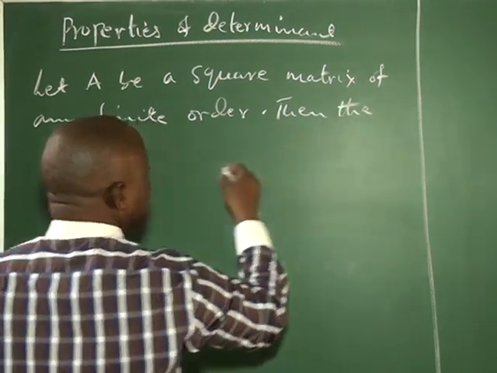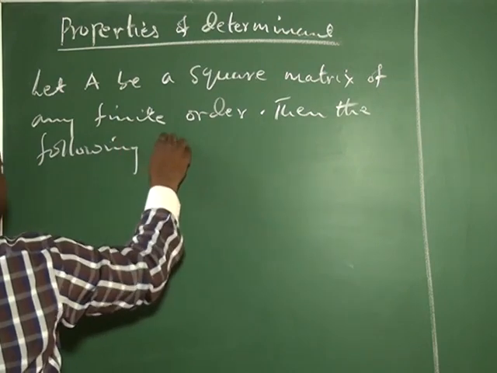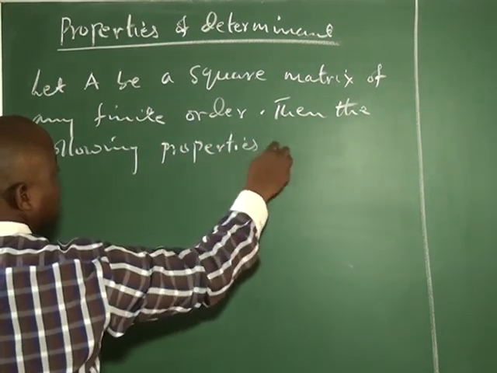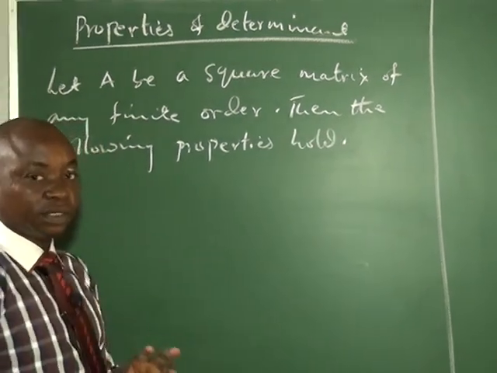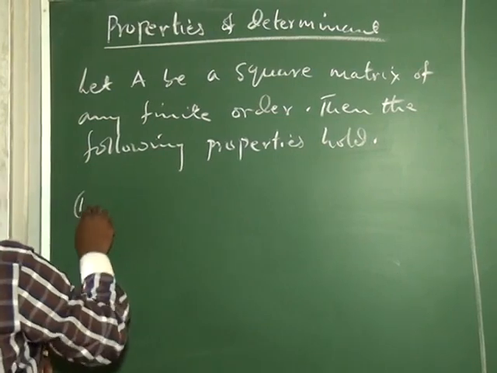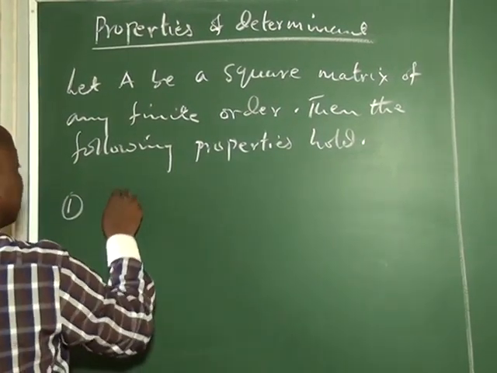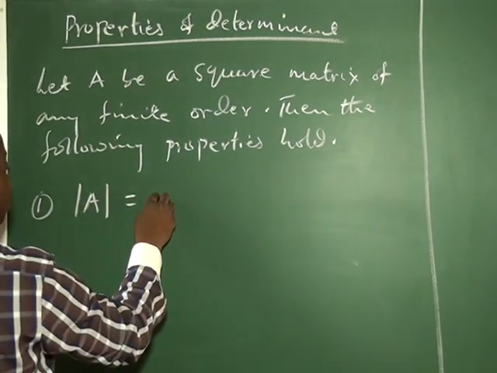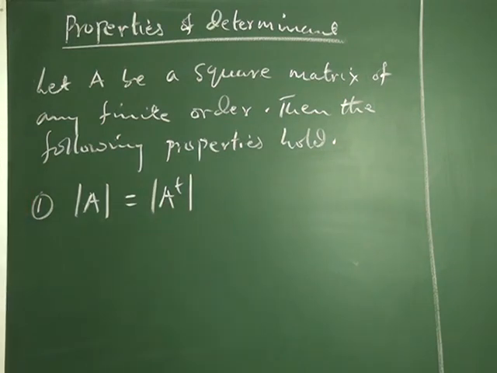Then the following properties. I want to look at the properties. Number one property is that the determinant of A will be equal to the determinant of A transpose.